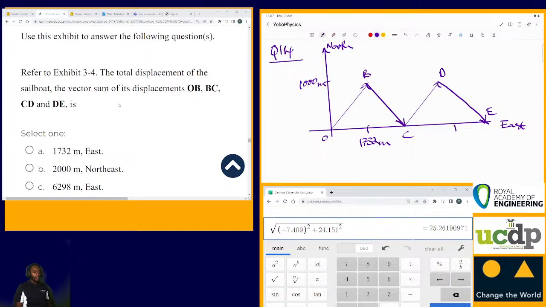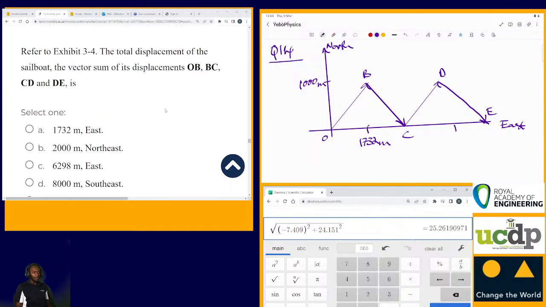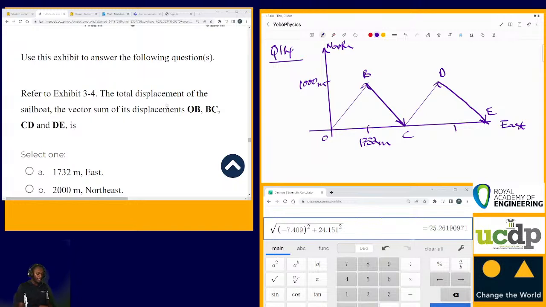Use this exhibit to answer the following questions. The total displacement of the sailboat, the vector sum of its displacements OB, BC, CD, and DE is. So we want the vector sum, or the total displacement.